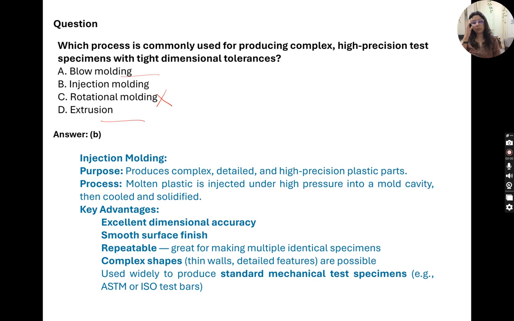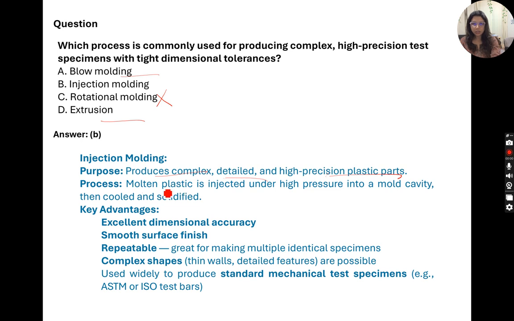And blow molding is used to form hollow plastic bottles or such things. That's why, for high precision test specimens, the technique to use is injection molding. The purpose of injection molding is to produce complex, detailed, and high precision plastic parts.